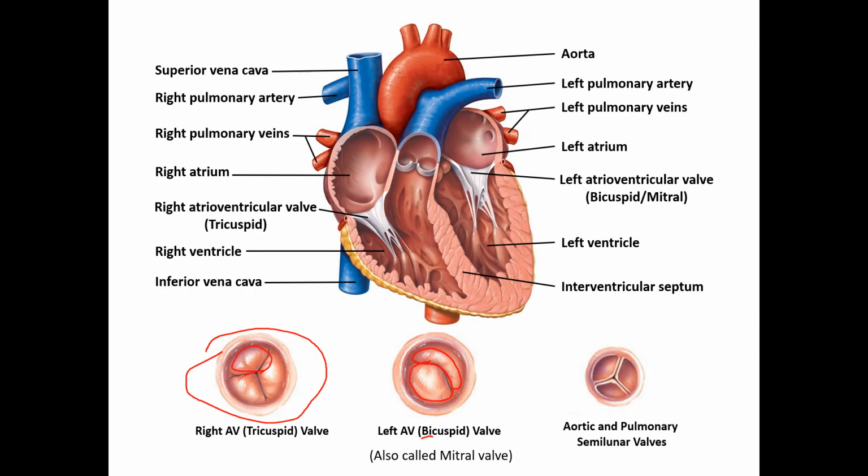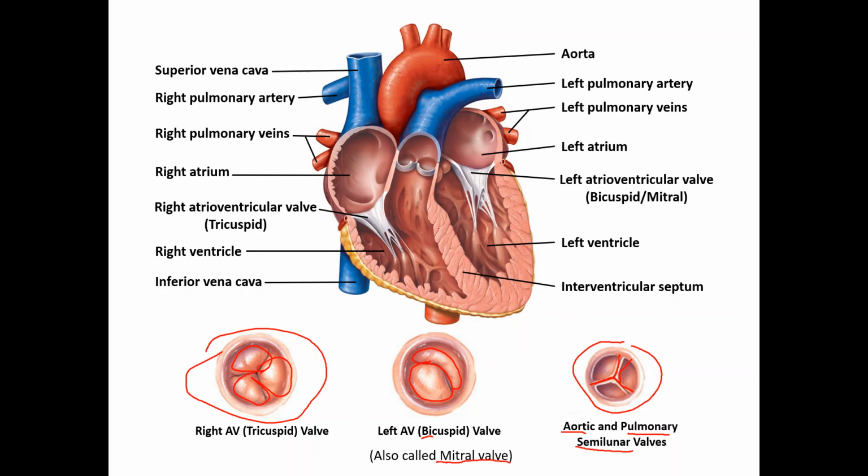Here there are three: 1, 2, and 3. That's why it's tri. The bicuspid valve is also known as the mitral valve, actually more commonly known as that. The aortic and pulmonary semilunar valves, as we can see, have three components, three flaps, as shown here. Semilunar means half-moon valves.